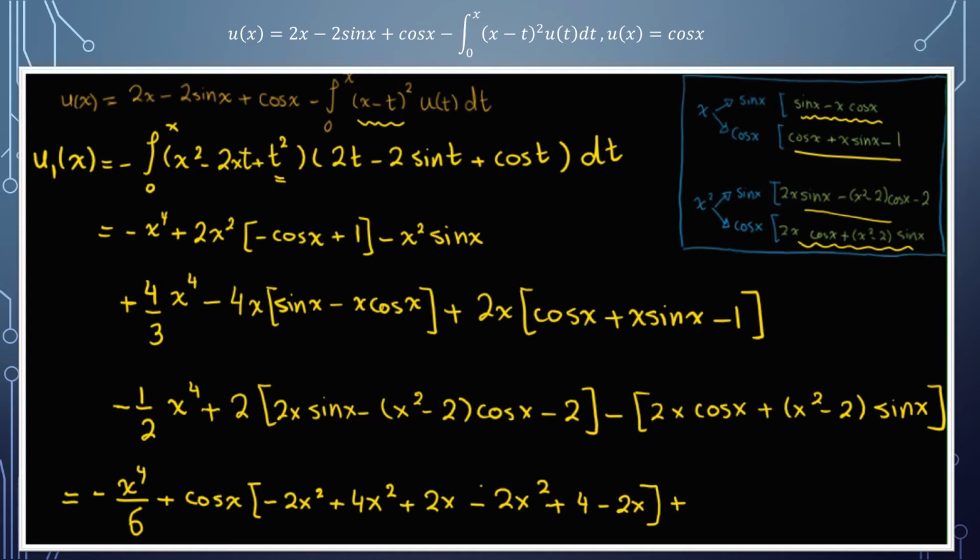Okay, what about the sine? Sine x is multiplied here by minus x squared, and here minus 4x. Okay, and here plus 2x raised to 4. At the last line we have 4x, and here we have plus 4x.